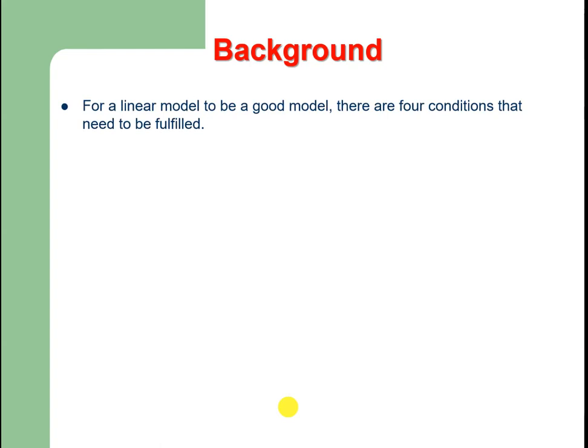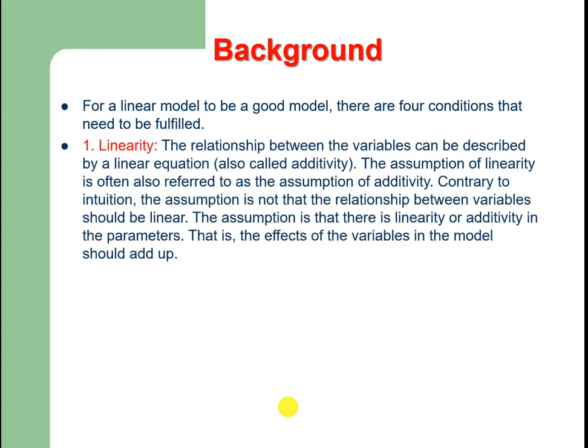Therefore, for a linear model to be a good model, there are a number of preconditions or assumptions that need to be fulfilled. And these include, number one, linearity. The relationship between the variables can be described by a linear equation.